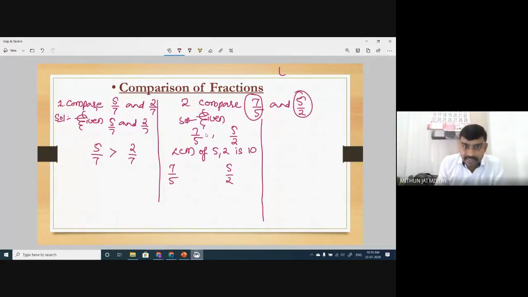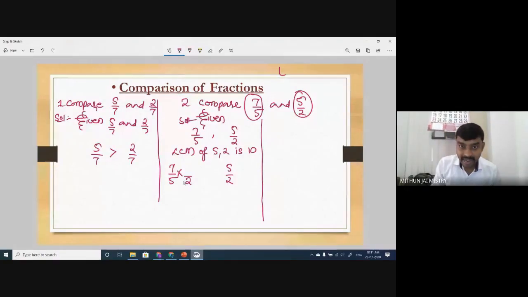So how are we going to do that? This 5 will become 10 if you multiply by 2, correct? Now the thing is, if you are multiplying something to the denominator, the same thing has to be multiplied to the numerator also.